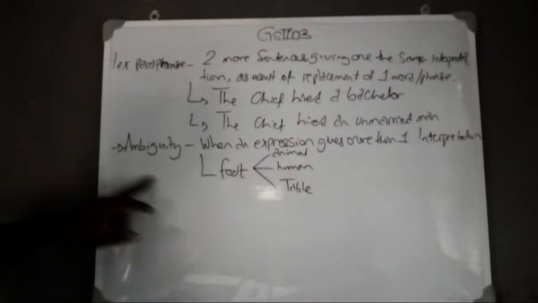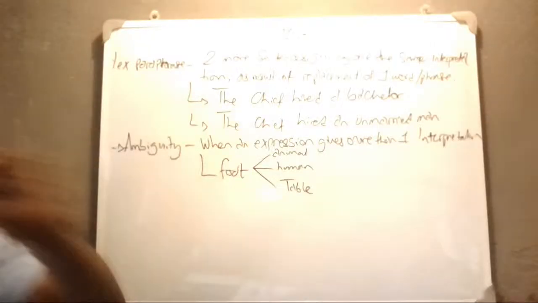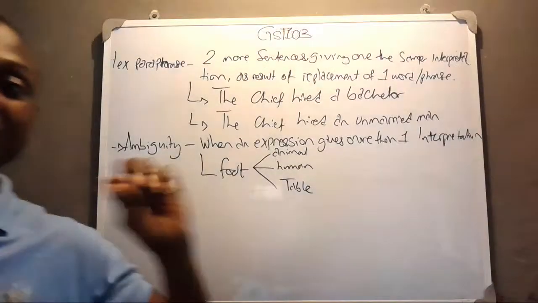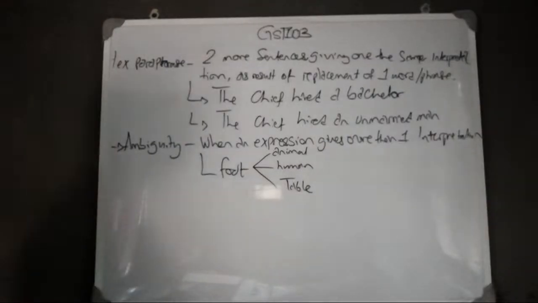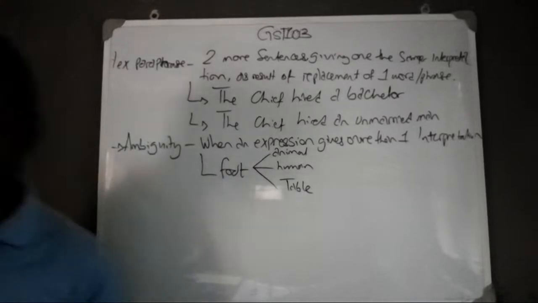Now, that is for ambiguity. When one word can be expressed in different ways, we can refer to it as ambiguity. Now, we also have lexical ambiguity.